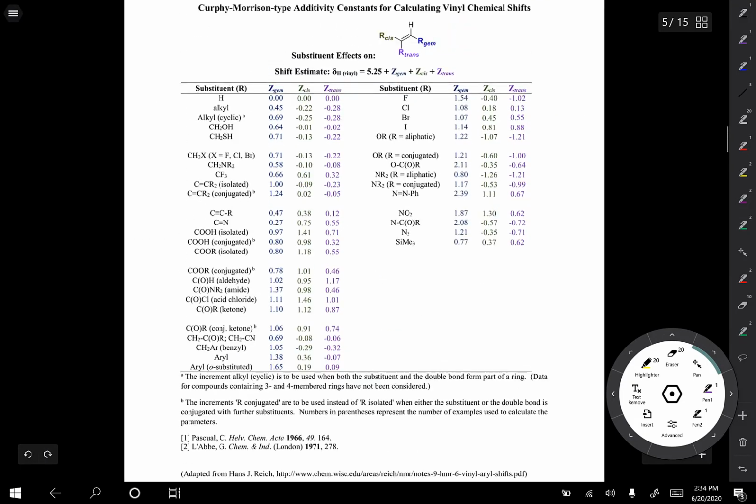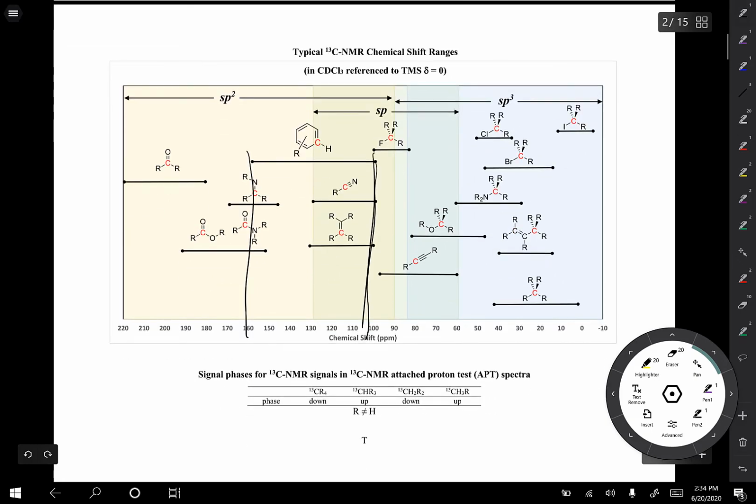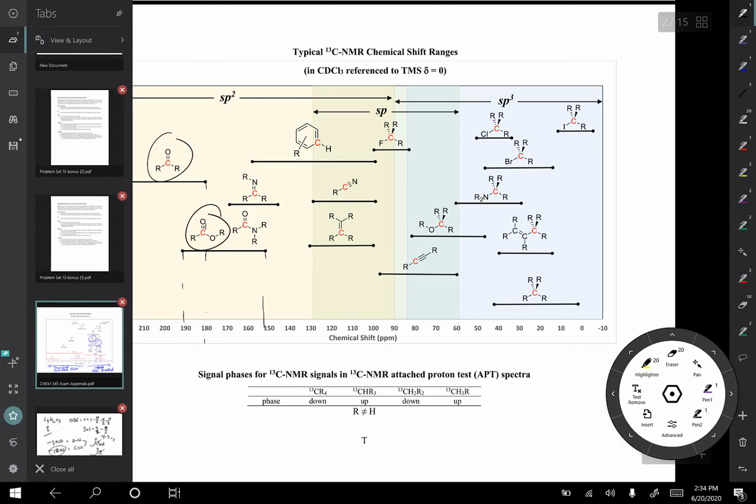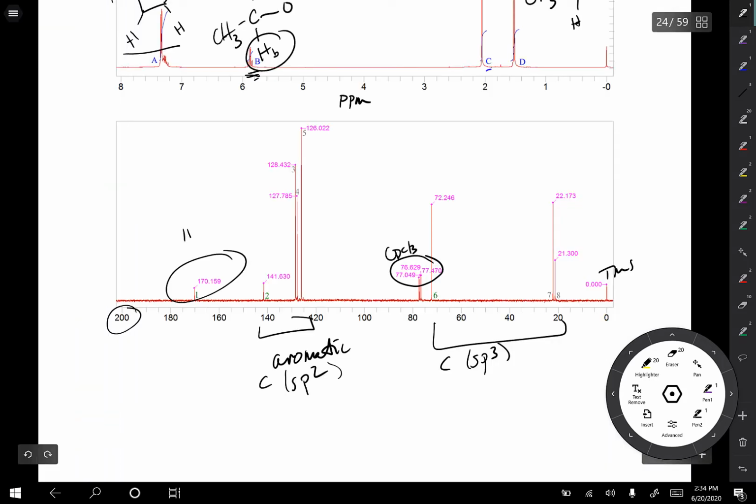You look at the appendix, it gives you a shift range for carbonyls. And if we look at this, if it were a ketone, you would expect it between 180 and 220. Well, this one's only at 170. Well, what else here is at 170? Look at this. We have an ester. This is indicative of an ester carbonyl based on the shift of that carbon. So we're going to say that this guy is actually an ester.